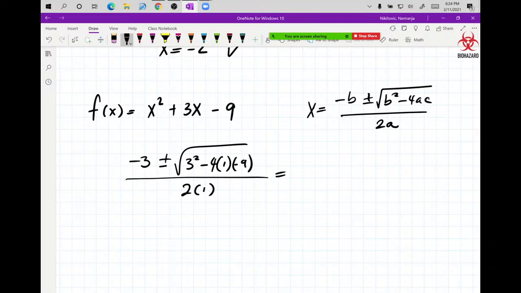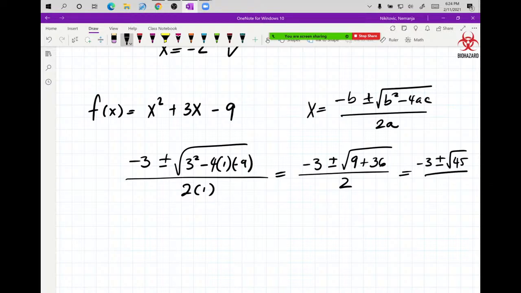Your a is 1, your b is 3, your c is -9. So, -3 plus minus square root of 9 plus 36, divided by 2. So, -3 plus minus square root of 45 divided by 2.